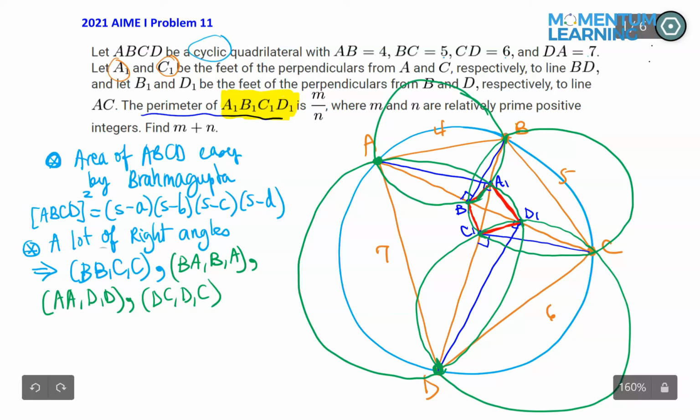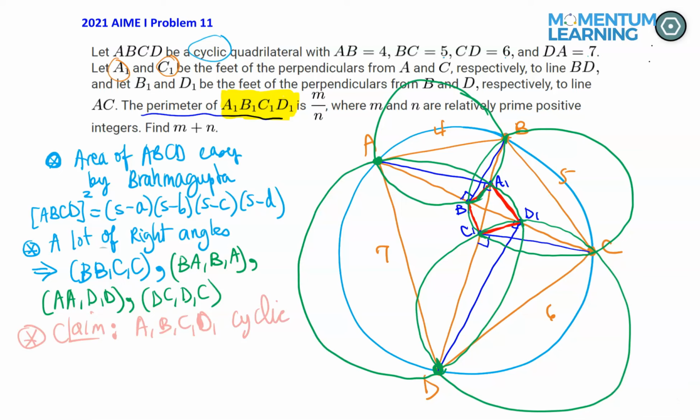So let me do a little bit of angle chase for you to establish my claim that the quadrilateral in the middle, A1 B1 C1 D1, is cyclic, which is one of the first claims that you can make. Let's prove it synthetically. Later on we will notice that not only is it cyclic, but it is similar to the original quadrilateral, but that's another step.